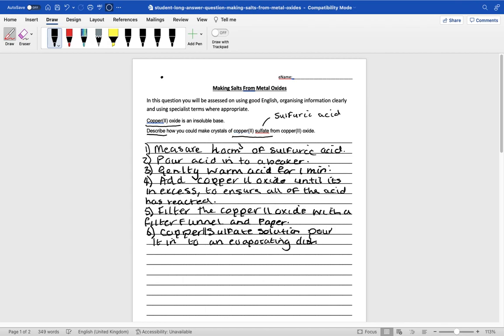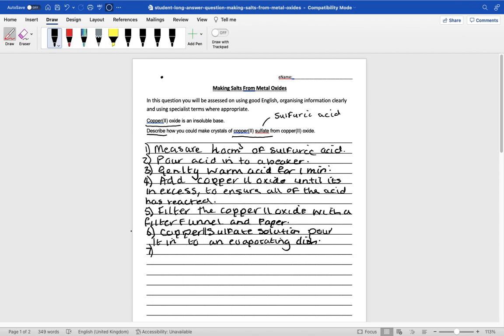And we're going to gently heat that over a water bath. So we're going to heat the water in a beaker, like a water bath, and then put the evaporating basin on top, so it heats the copper 2 sulphate nice and gently. If we heat it too harshly, it could break down the copper 2 sulphate and release some toxic gases.